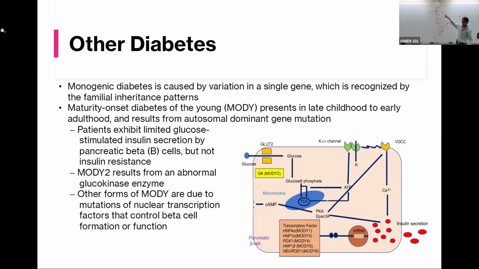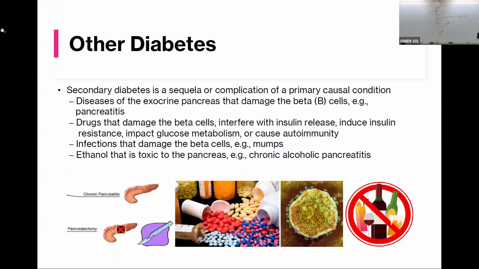Then that causes problems to the cell, yeah? So, but like I said, you just have to remember there's a variation of a single gene, a point mutation, and it affects different types of genes in the cell.